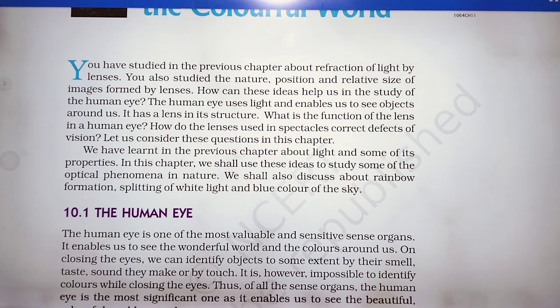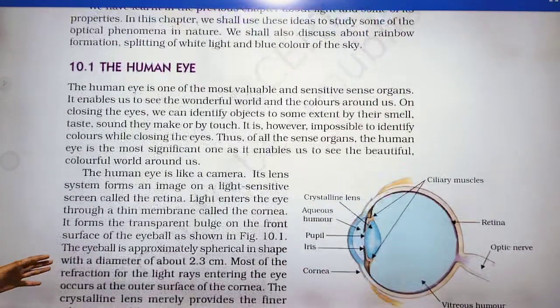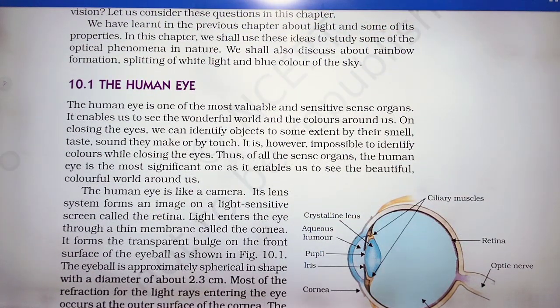So the first topic is the human eye. In this topic we will discuss the human eye, its structure, and also its functions, like the pupil, iris, cornea, crystalline lens, and ciliary muscles. So let's start.